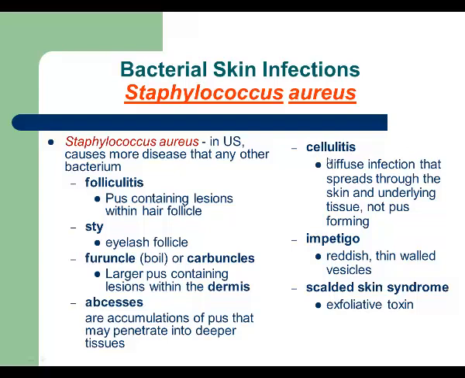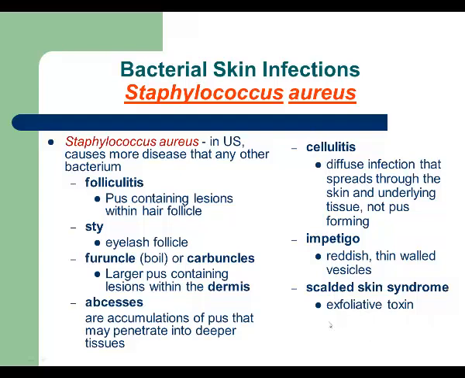Cellulitis is a diffuse staphylococcal infection that actually affects the epidermis and dermis, but it doesn't form pus. Does it mean that it's not as dangerous as an abscess? No, it is not. It means it is actually as dangerous as an abscess. Why? Because, as I said, it affects the epidermis and dermis and can get into the bloodstream very quickly.